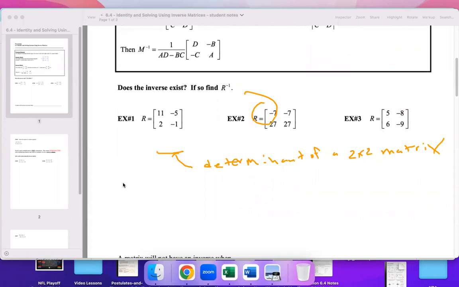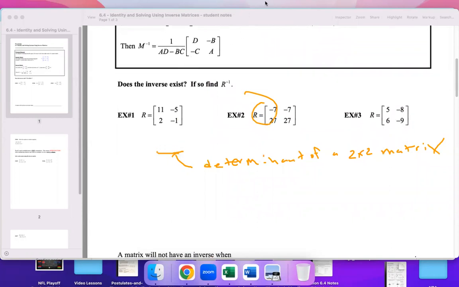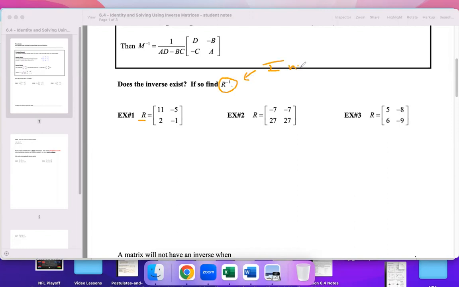I'll leave it positions like this. All right. So R equals this matrix. We want to find R -1. R -1 is the inverse. So I'm just plug and chug. That's all I'm doing. Plug and chug. So find R -1.